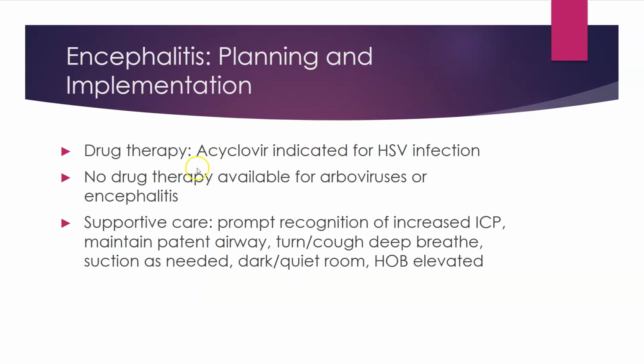We'll do a CT and MRI looking for inflammation and swelling. Planning and implementation: acyclovir, especially if we're considering that it's herpes simplex virus, which is fairly common. If it's arbovirus encephalitis, then there's less that we can do for that one. But once again, try and watch for increased intracranial pressure and keep them as safe as possible.